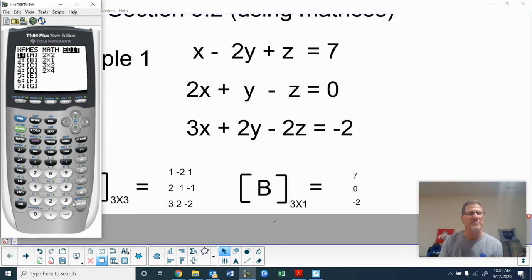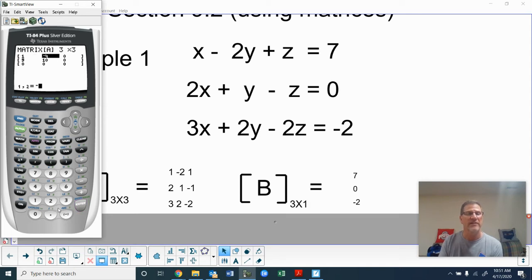So for A, I'm going to just hit enter, and I'll be able to put my dimensions. Remember, this is 3 rows and 3 columns. So I have to hit 3, enter, 3, enter, and it'll give me 9 spots to put these numbers that I got from these coefficients. I'm going to put 1 and then enter, and it'll go across the rows.